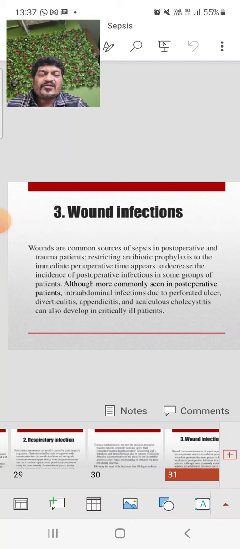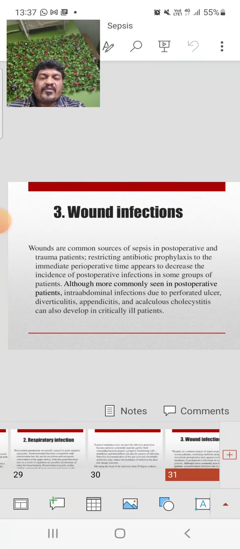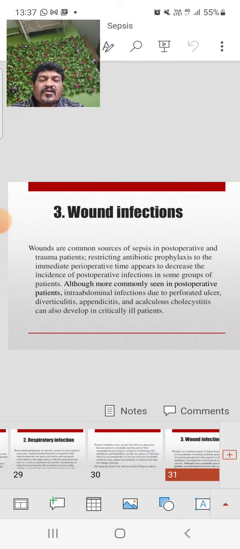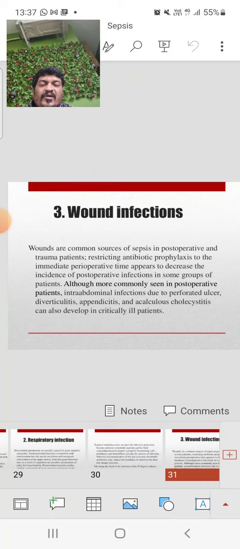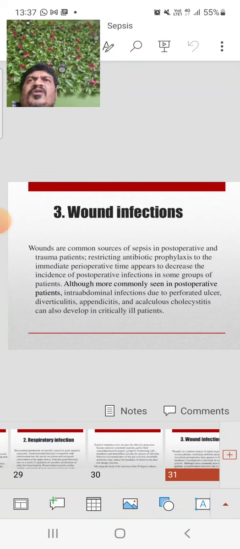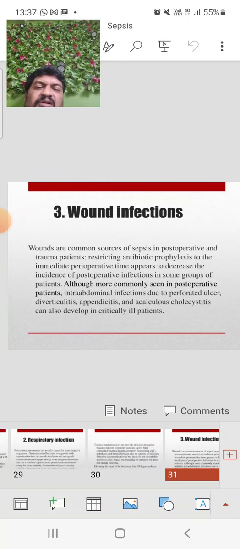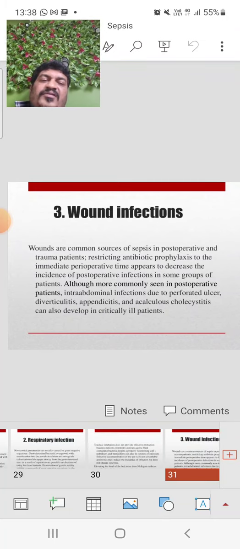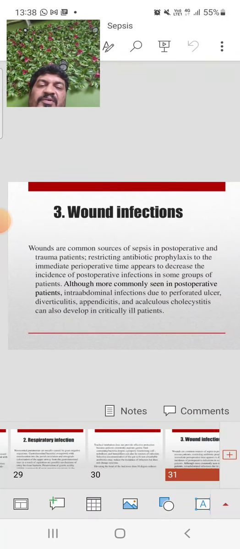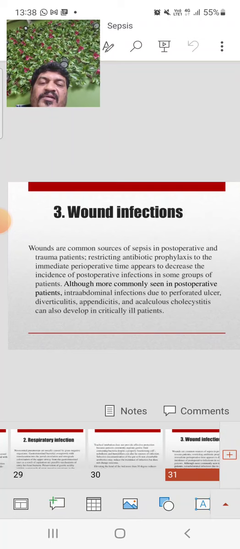Although more commonly seen in post-operative patients, intra-abdominal infections due to perforated ulcers, diverticulitis, appendicitis, and cholestasis can also develop in critically ill patients.